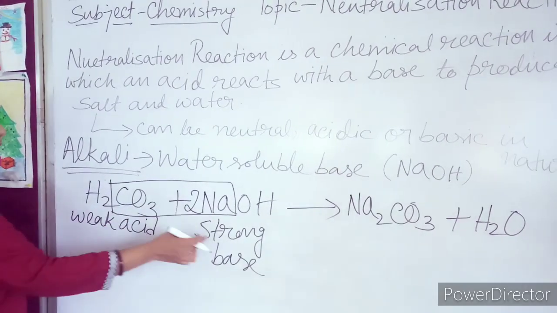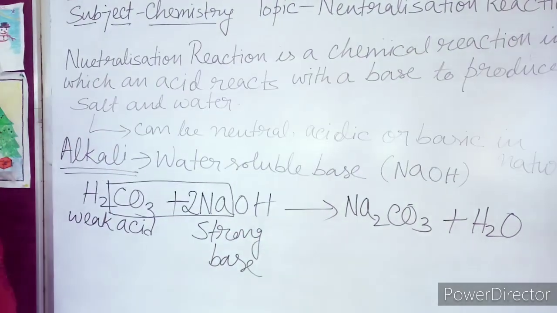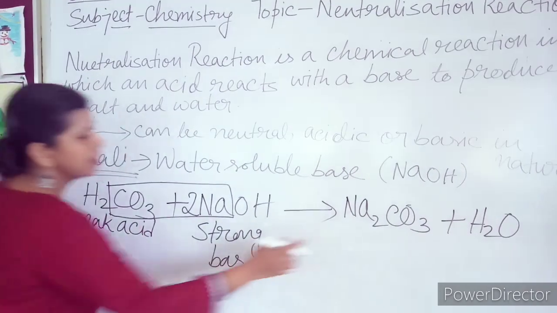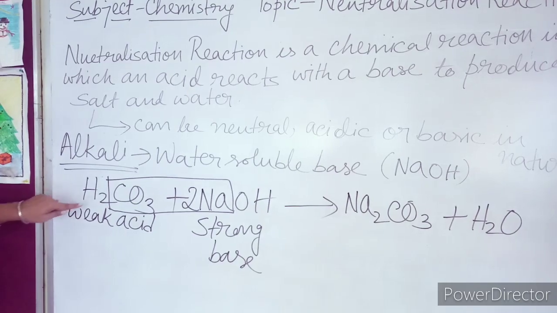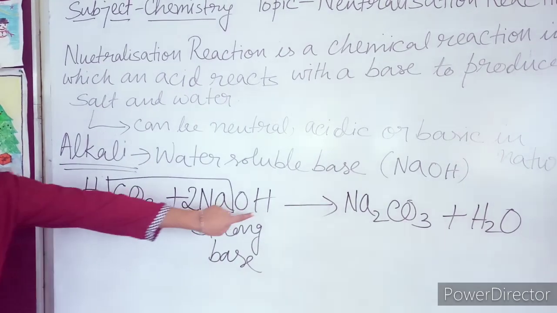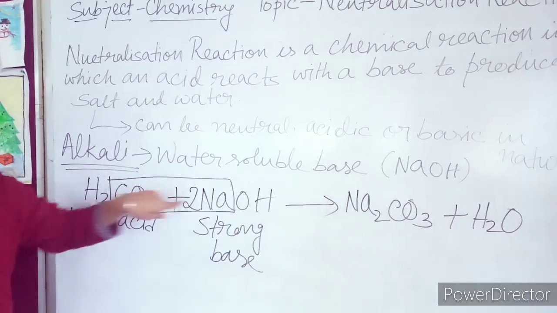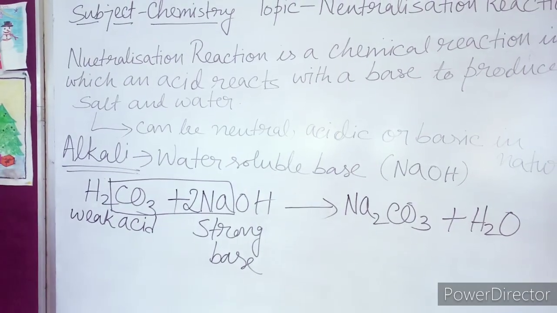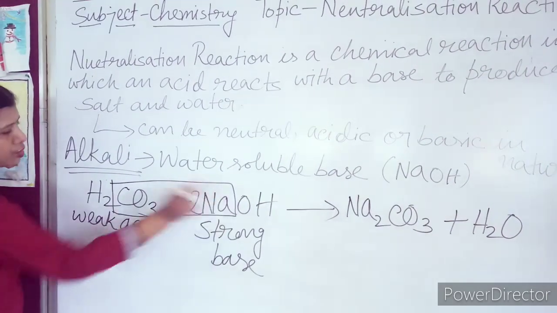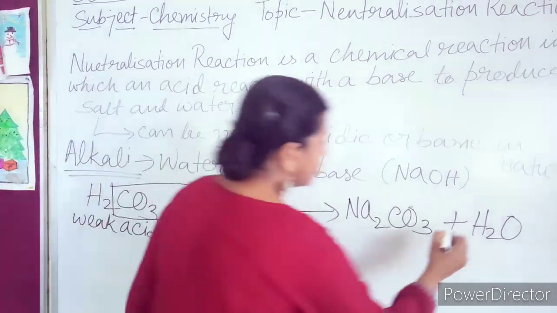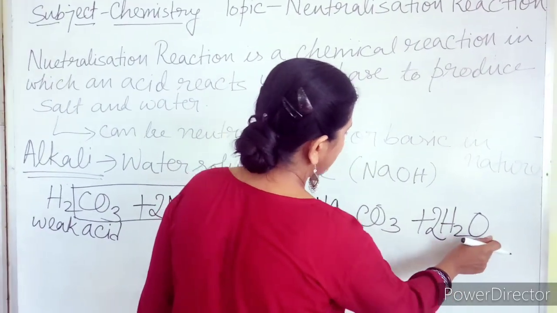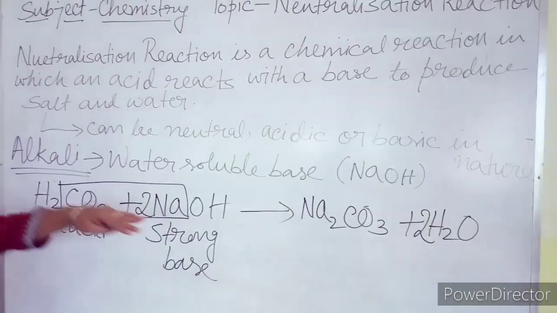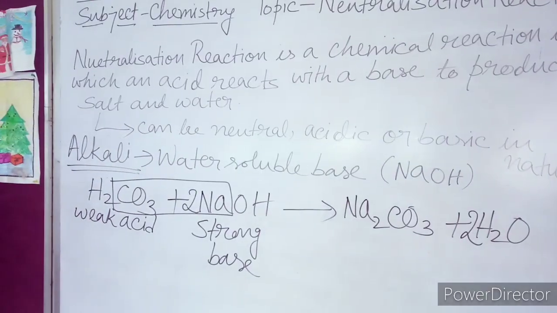Now 2 Na2 satisfied, CO3 1 satisfied. Total number of hydrogen now 2 plus 2, because this 2 is for everyone, 4. Total number of oxygen 2. So if I put 2 here, number of hydrogen is 4, number of oxygen is 2. So I have balanced the equation.